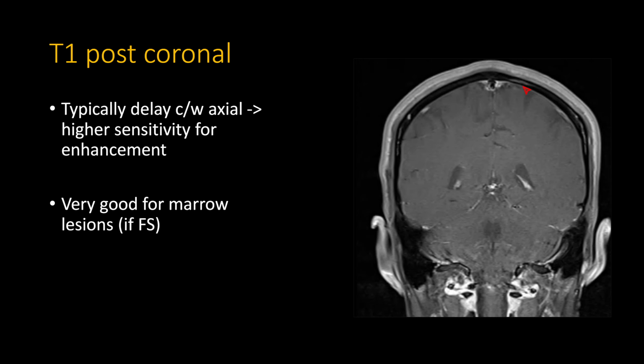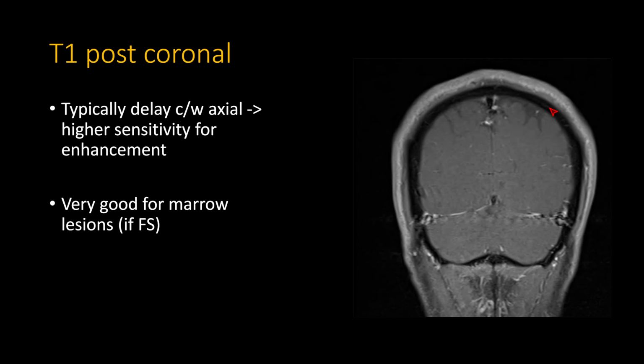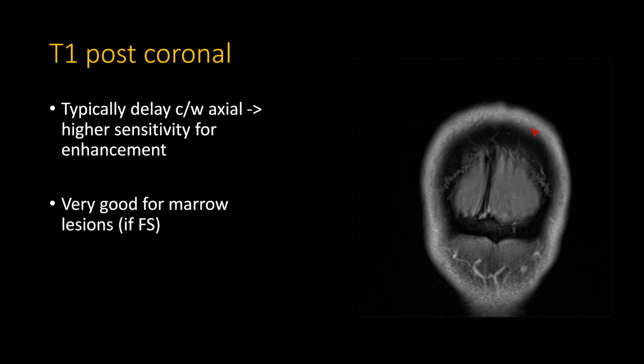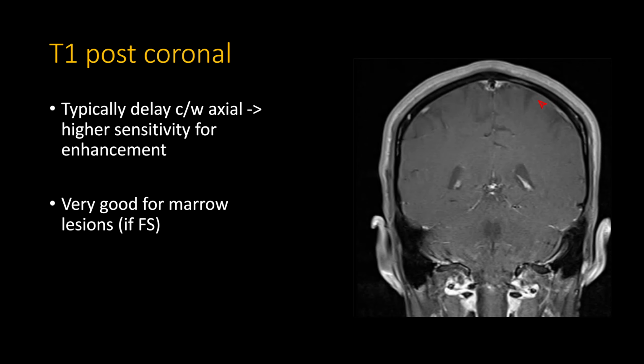It's very nice for calvarial lesion detection especially, because you cut through the bone so nicely in cross section, so lesions tend to show up very well, and you have pretty high sensitivity for detection of lesions you can see in the calvarium. So definitely pay attention to the calvarium as well.